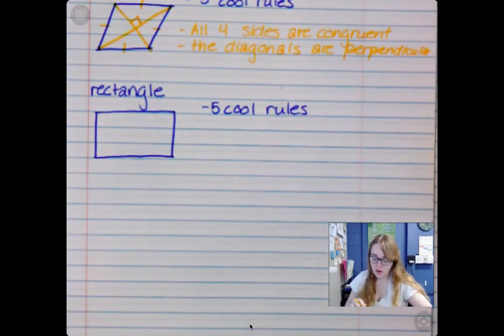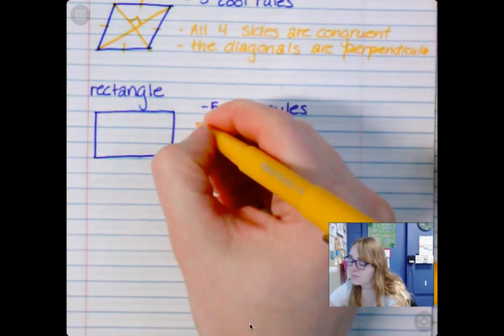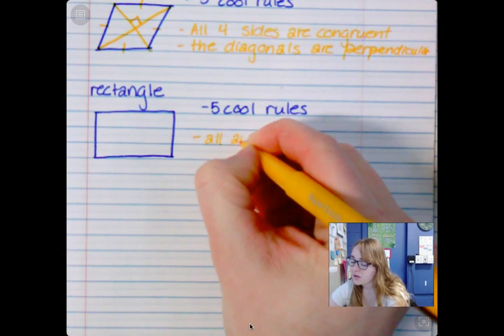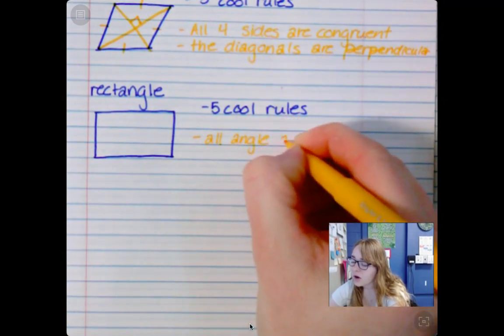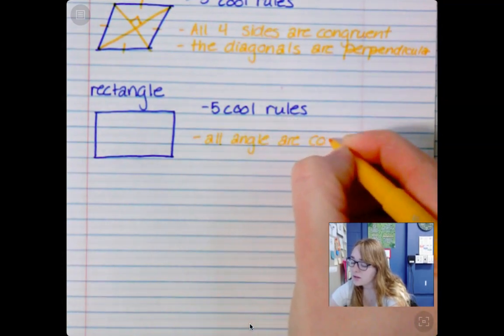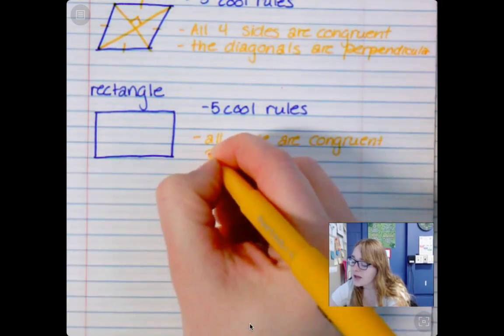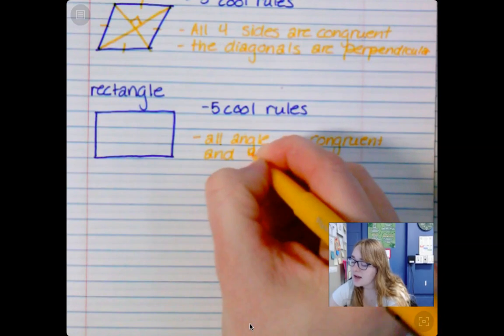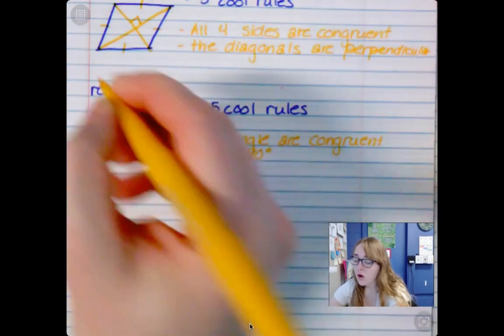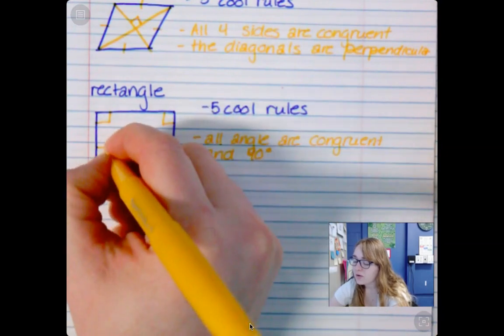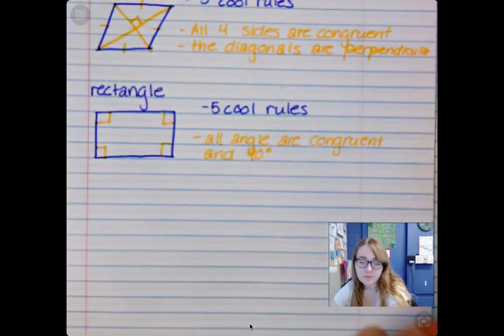So, for a rectangle, the new property is that all angles are congruent and 90 degrees. So all 4 of our angles are going to be right angles. So they are all congruent and they are all right angles.